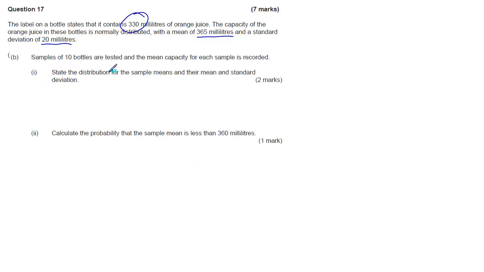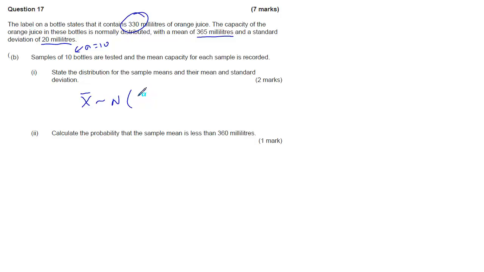Samples of 10 bottles are tested and the mean capacity for each sample is recorded. State the distribution for the sample means and their mean and standard deviation. So this is n equals 10. We can say that x bar, that's the means, is going to be normally distributed.